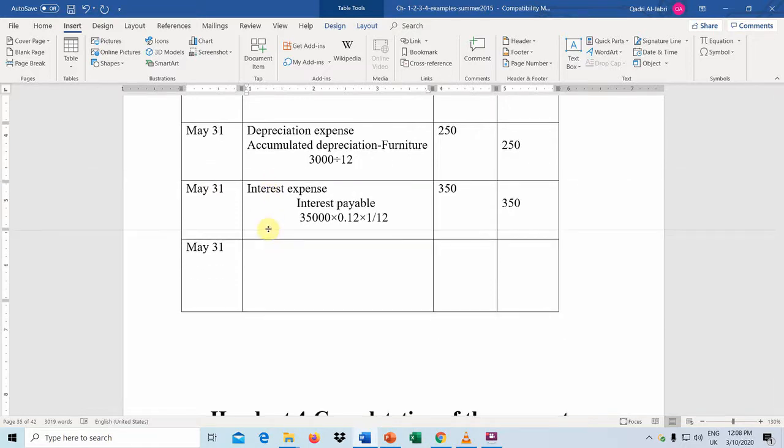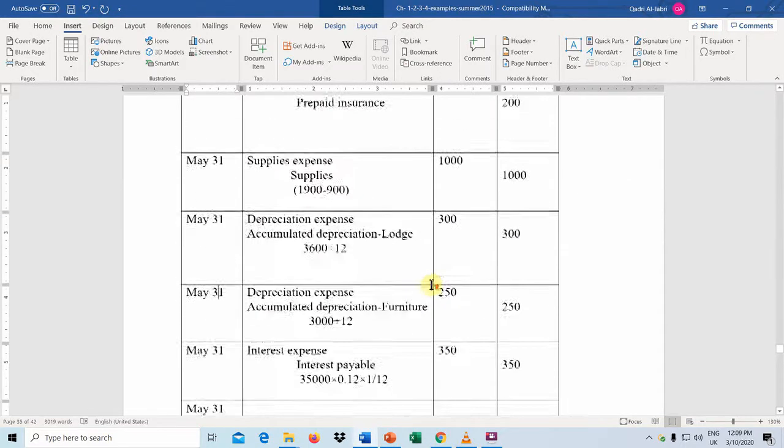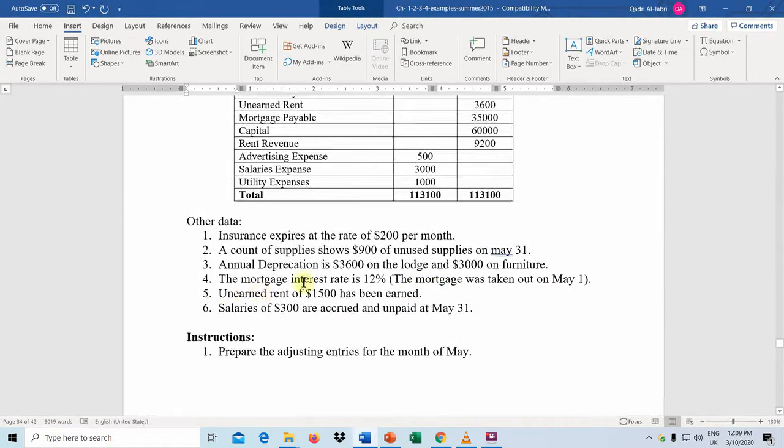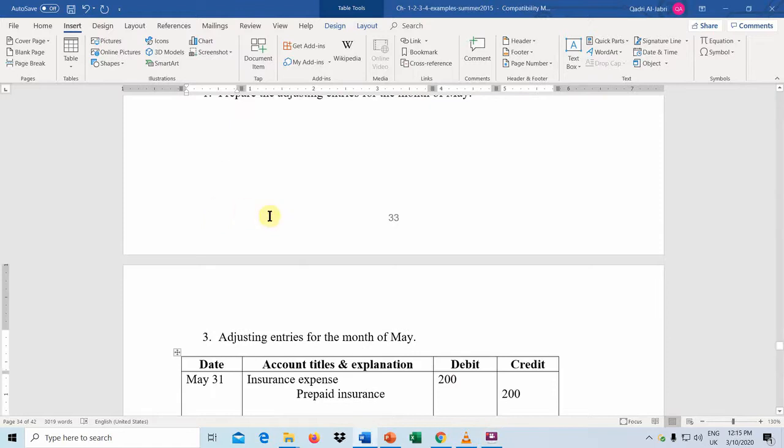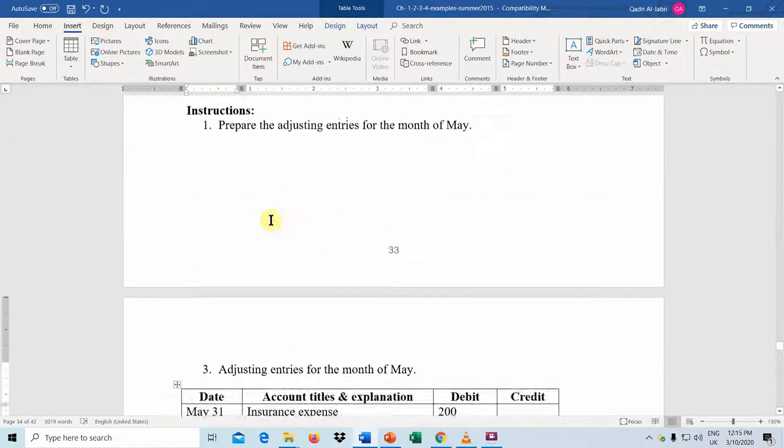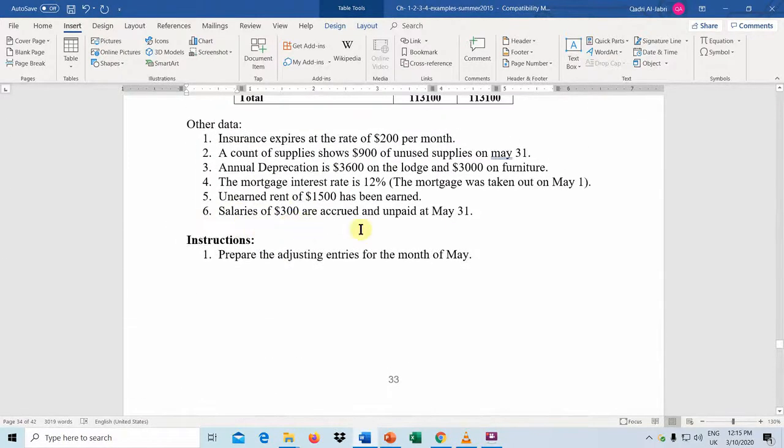Now let's solve the last transaction. We have salaries of $300 are accrued and unpaid at May 31. So this is accrued salaries, which means these salaries expense are not recorded or paid yet.